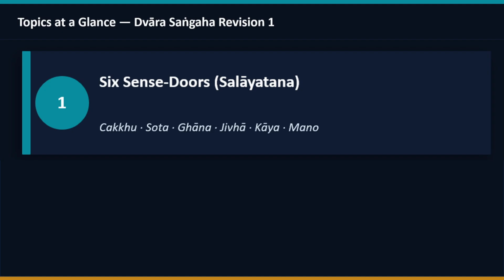First one, the sixth sense door. We will cover Chakkhu, Sota, Ghana, Jivha, Kaya, Mano. All the six senses, the five physical ones plus what I call the mind. So totally six sense doors, which we're going to talk about.